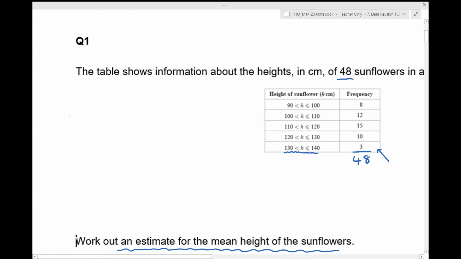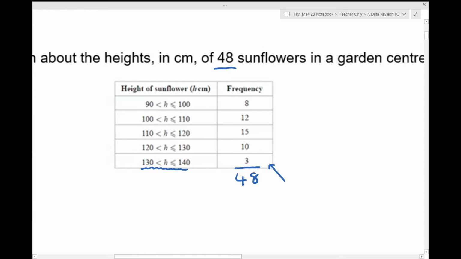Right, we are going to use mid-mad. We're going to find the midpoints, then we're going to multiply, add, and divide. So let's do that now. Right, the midpoints: 90 to 100, midpoint of 95. Then a midpoint of 105, 115, 125, 135.